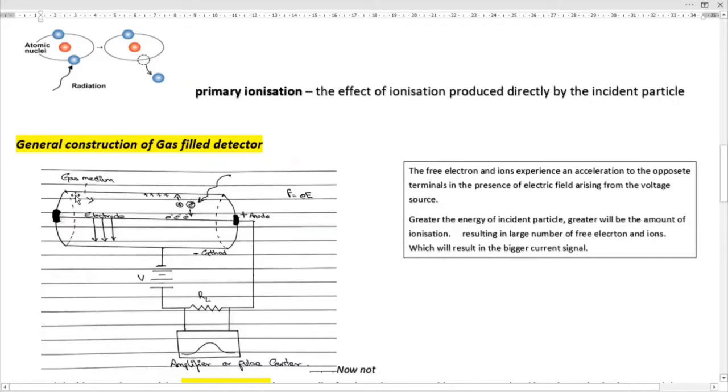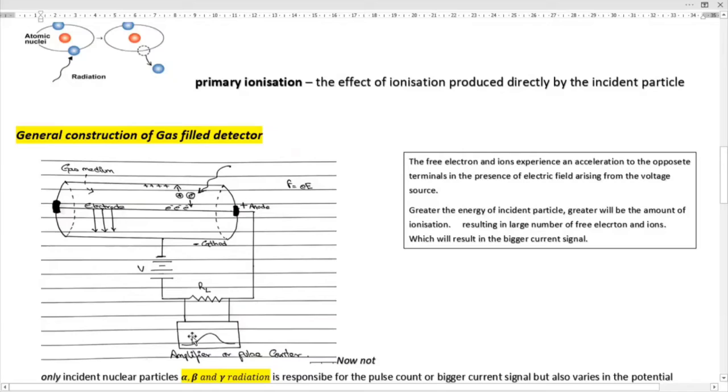The hollow metallic surface is connected to the negative terminal of the battery, the cathode. And the load resistance is connected to a device which measures the energy of the incident particle.